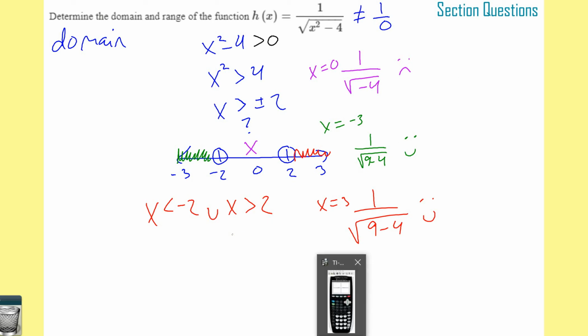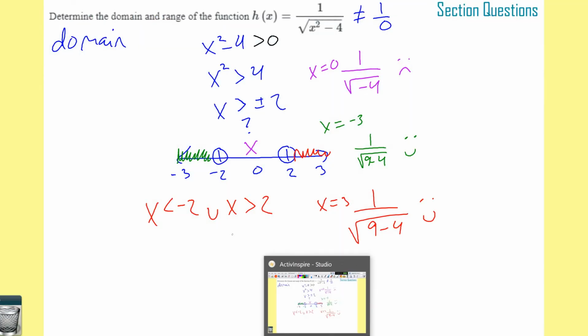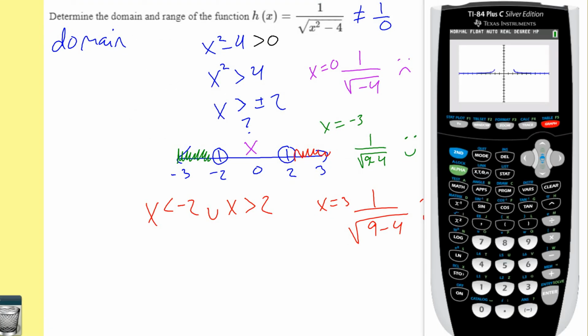We can also do that with our calculator. We go to our calculator, we hit y equals, we plot our equation. I just like parentheses to make sure everything that I typed got put as the denominator.